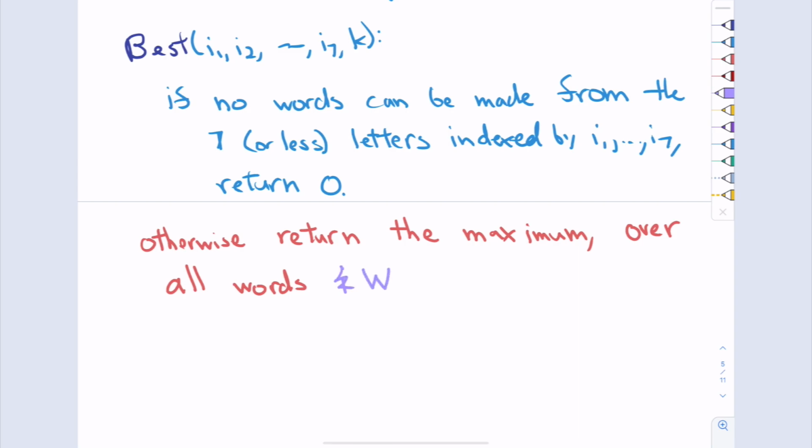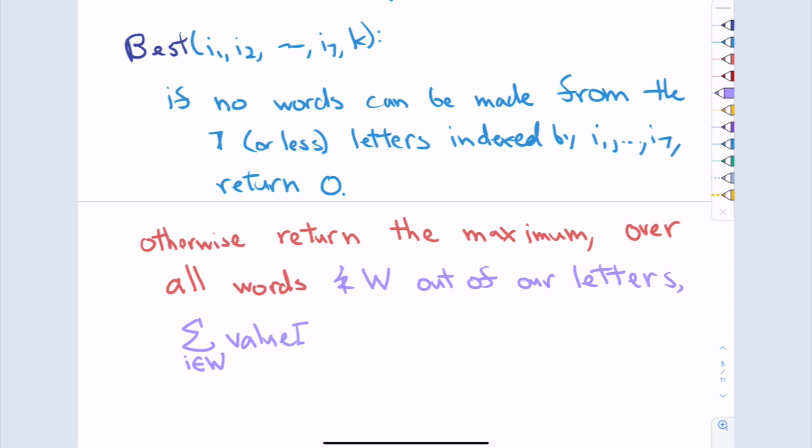W out of our letters. Let me first write it down at a high level and see if I can think of a nice, concise way. Over all words W out of our letters, the sum over, I guess I would sum up the values of the letters.